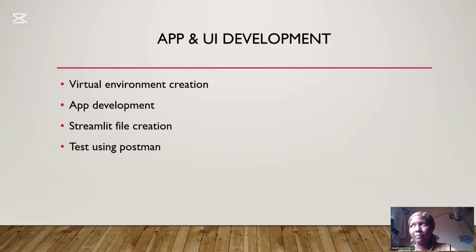From there, we used Flask and TensorFlow to build this model. From there, we used Streamlit. Streamlit provided the user interface for our model, and from Streamlit, we deployed our model on Hugging Face.